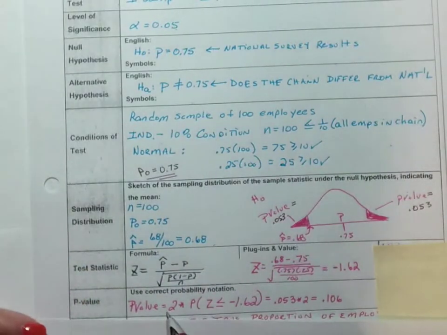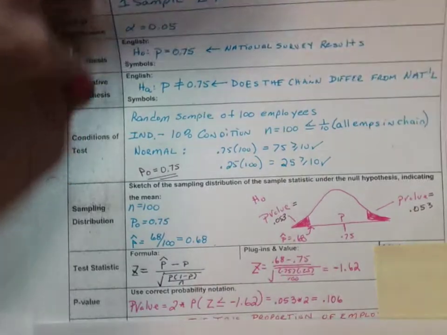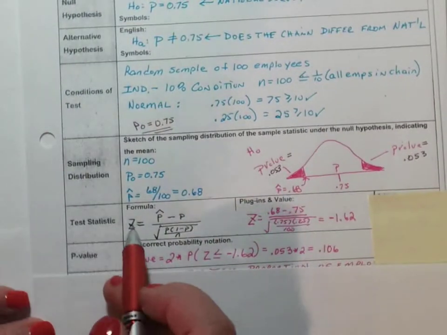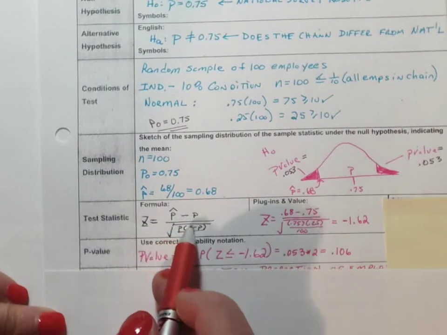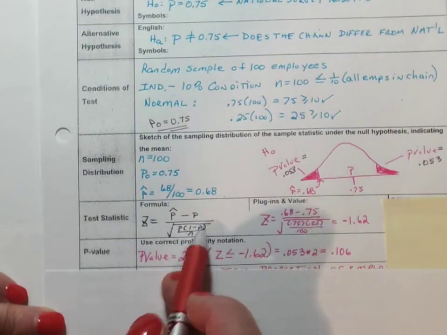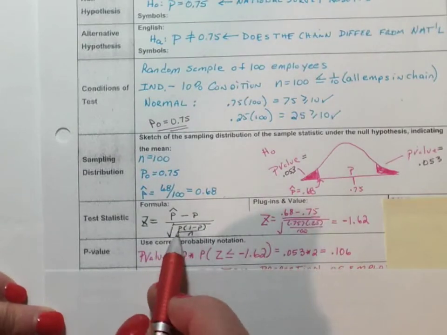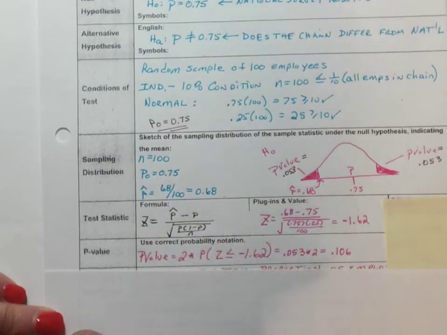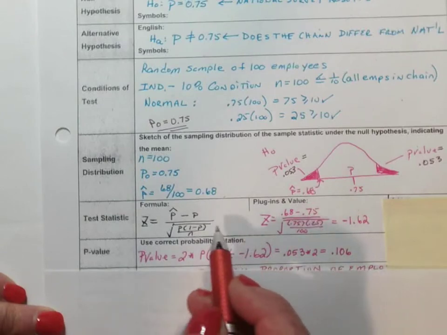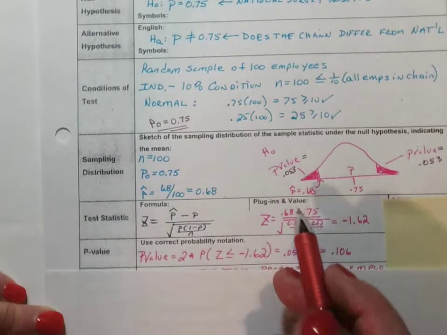So, how are you doing with making sure that you know how to calculate the z statistic? It's p hat minus the population parameter divided by the standard deviation of the population parameter, which is right there. Right? You fill in the numbers.